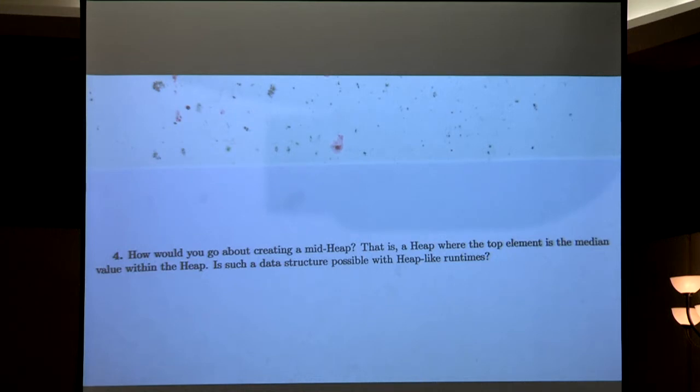Okay, so let's compare the AVL tree to having two heaps. Let's start with space. Is the space complexity of one worse than the other, or are they the same space complexity?